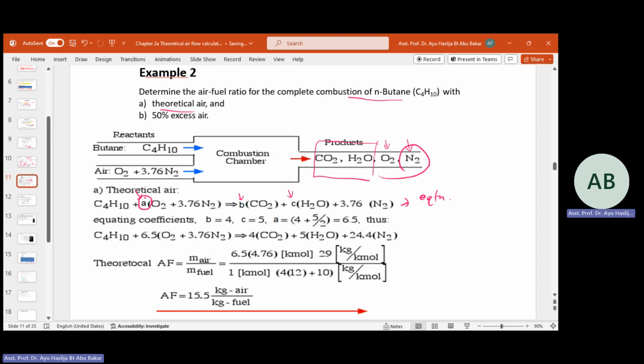Whatever letter they use in front here, still use the same equation, which is X plus Y over 4. Okay, B is X. C is Y over 2 for H2O. Okay.